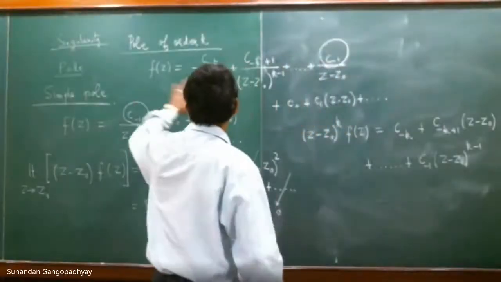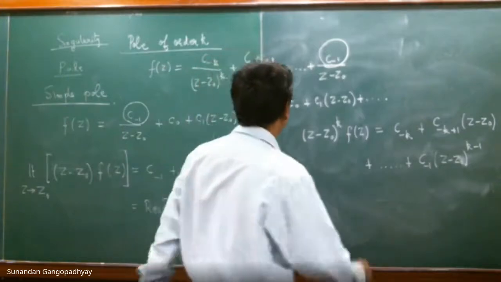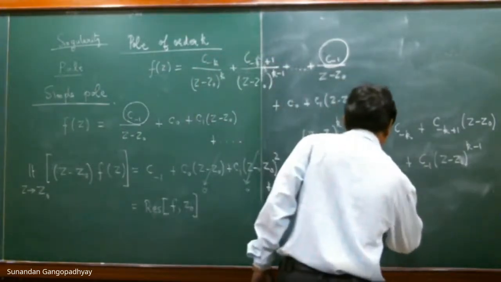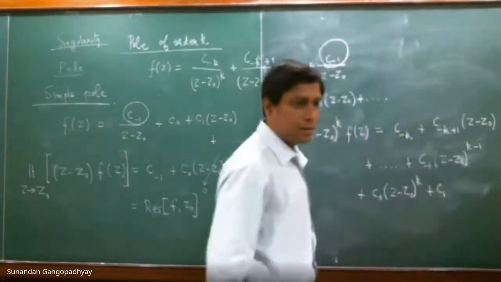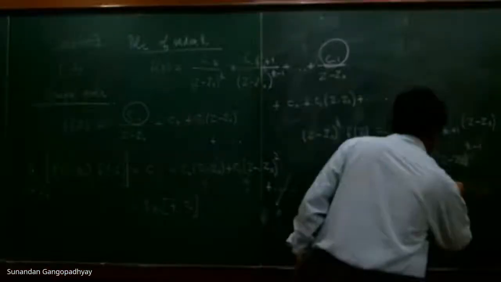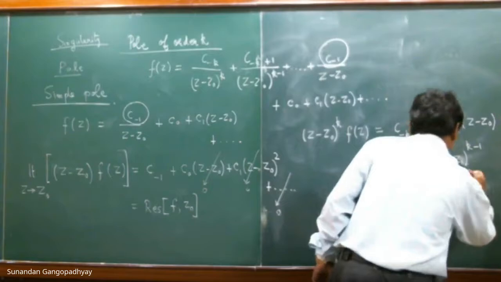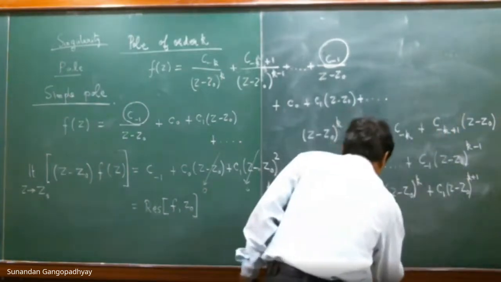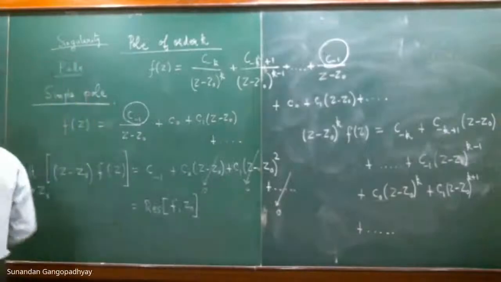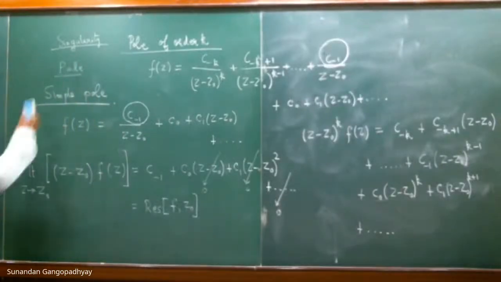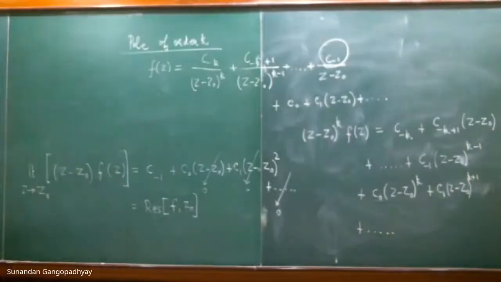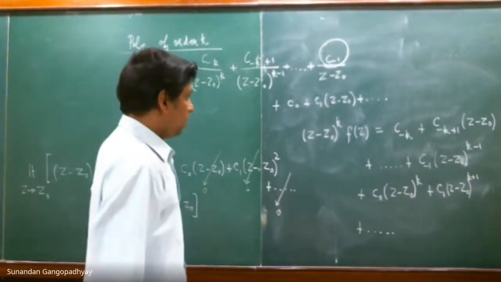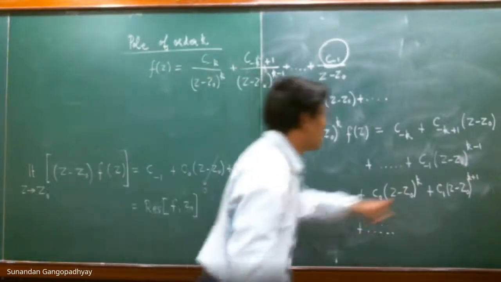Because we are multiplying both sides of this equation by z minus z naught to the power of k, plus c naught times z minus z naught to the power of k, plus c 1 times z minus z naught to the power of k plus 1, and so on, and higher order powers of this.